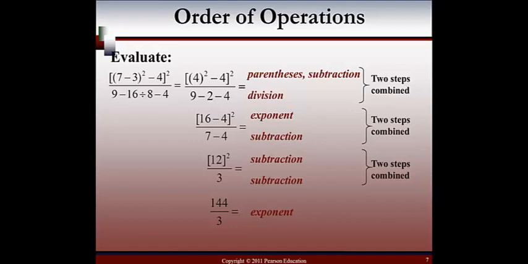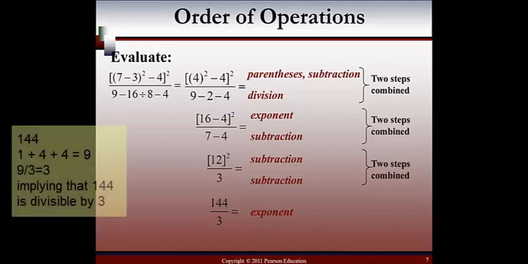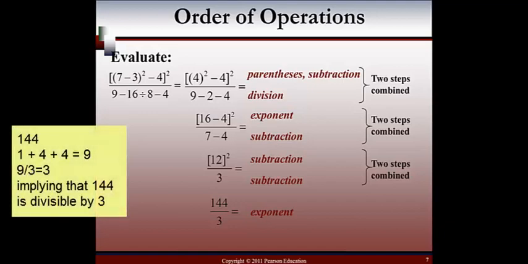The last step we did was we took 12 to the second power, which is 144 over 3, and that is our exponent. Now, if you don't know whether or not 144 is divisible by 3, the little cheat is to add up each digit, 1 plus 4 plus 4.